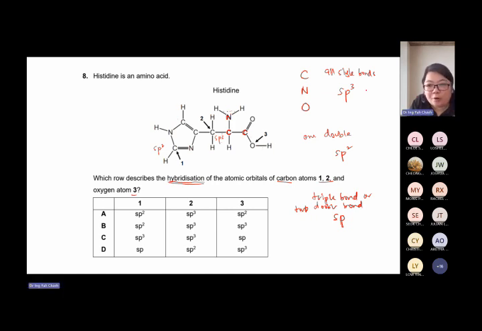You don't see any double bond, right? Another sp3. So sp2, sp3, sp3. Let's look at the answer. sp2 correct, this or this. Number 2, sp3 still correct, this or this. Number 3 should be sp3. So the answer to this question is B.